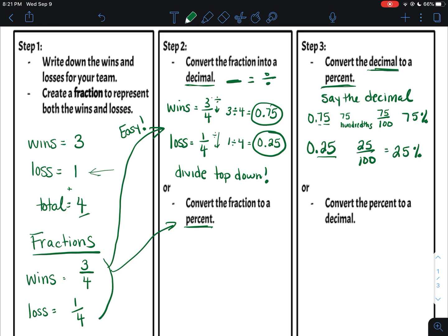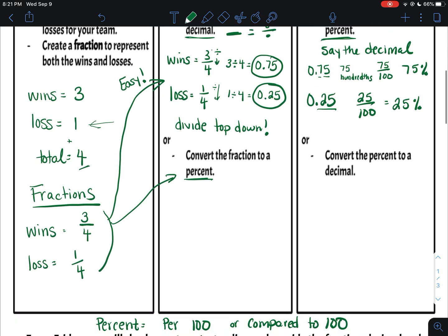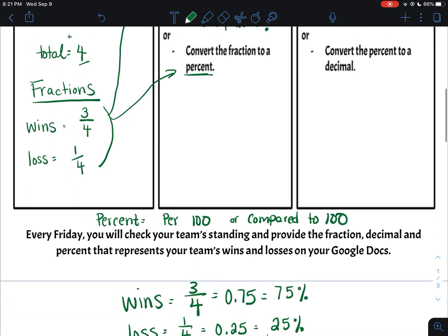So converting the fraction straight to a percent. We are going to do the wins, which is 3/4. We already talked about the fact that a percent is out of 100.